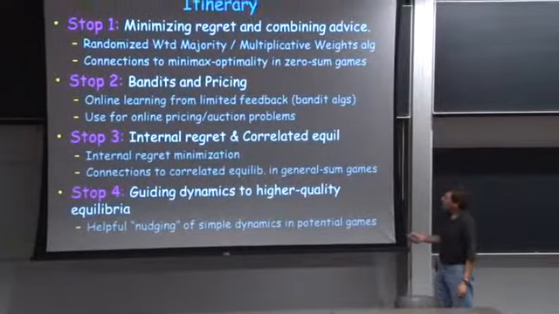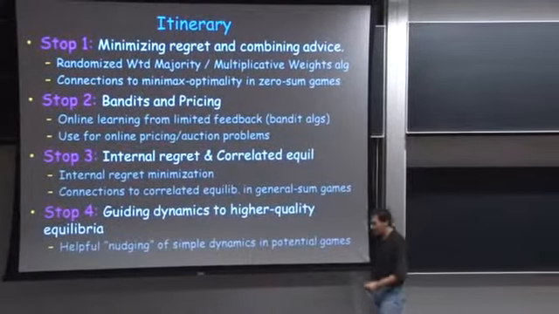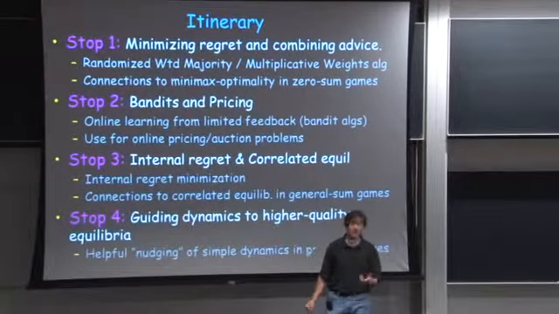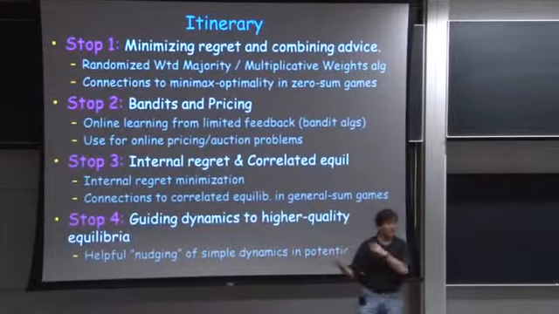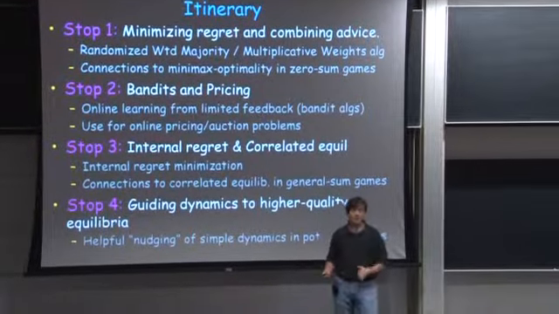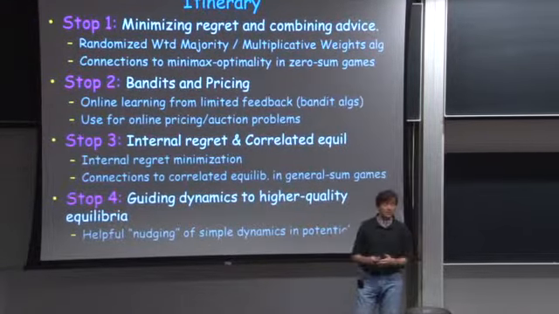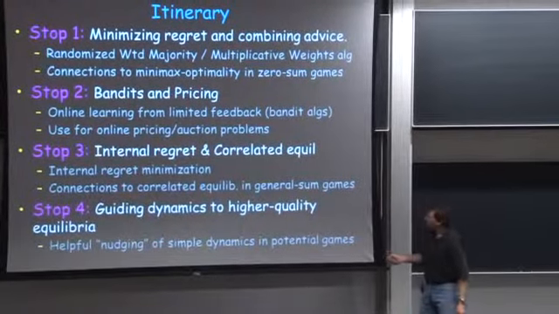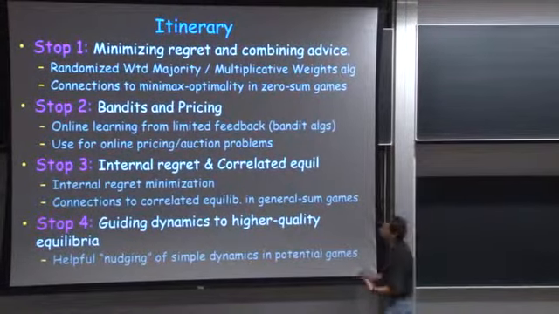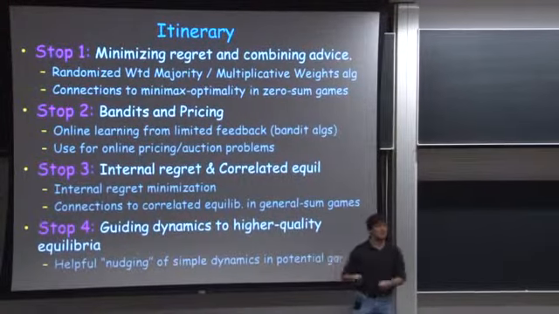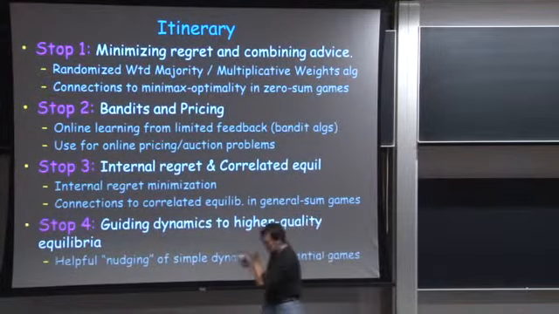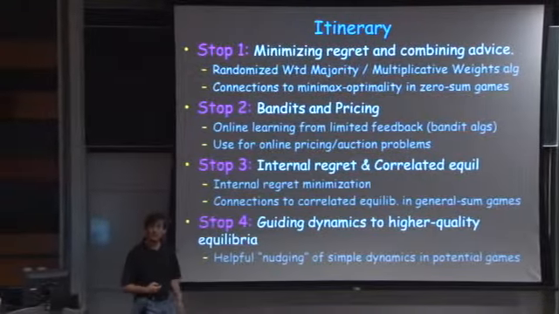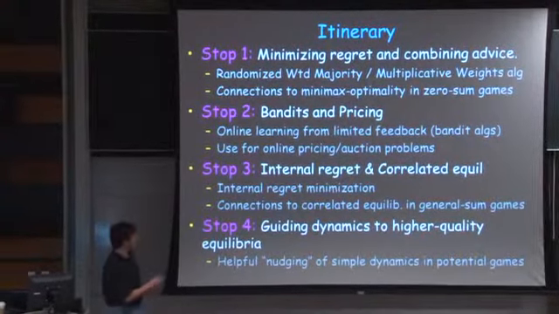Then we looked at the bandit problems. This is the setting where you get much less feedback. You try something, you get feedback just for what you did. You don't know how well you would have done had you tried something else, like driving a certain way to work. You find out it took you 32 minutes, but you don't know how long it would have taken had you done something else. I talked about it in the context of an online pricing problem, pricing lemonade. And depending on time, I might talk about some other kinds of pricing problems in an online setting.